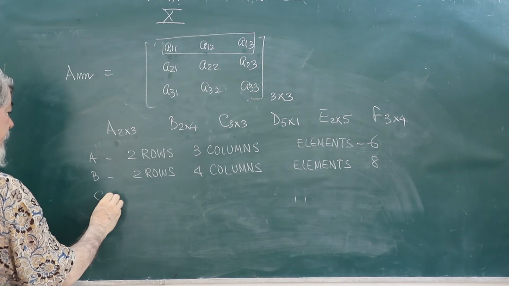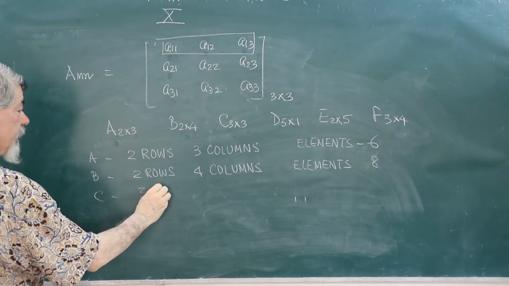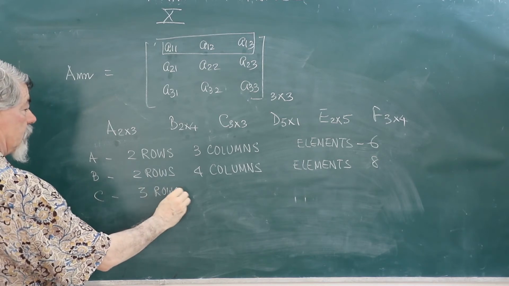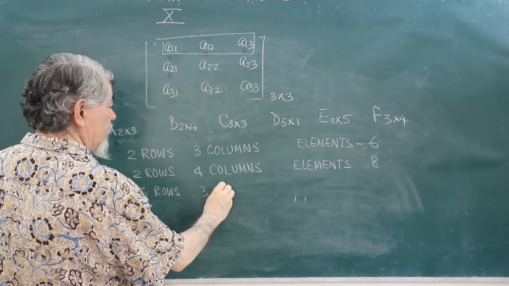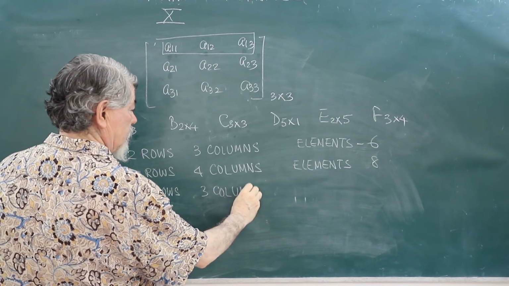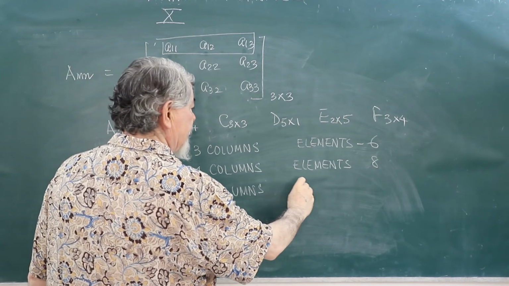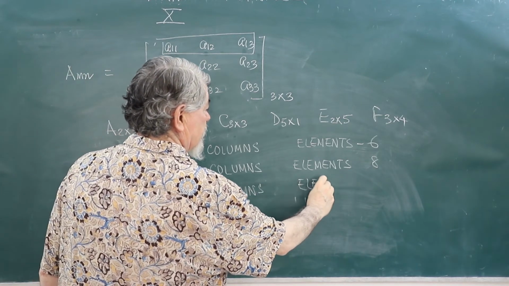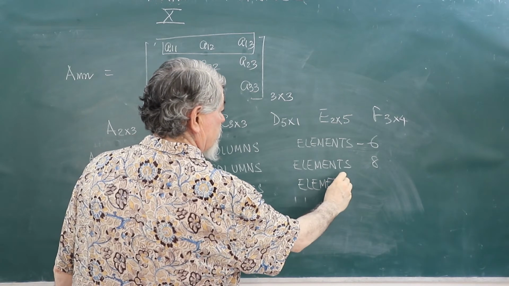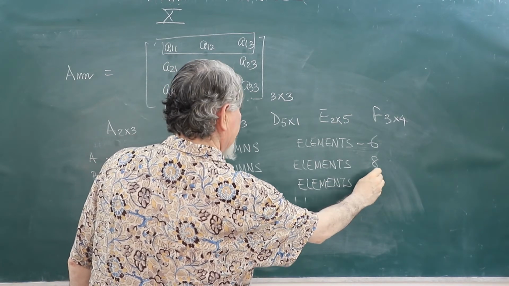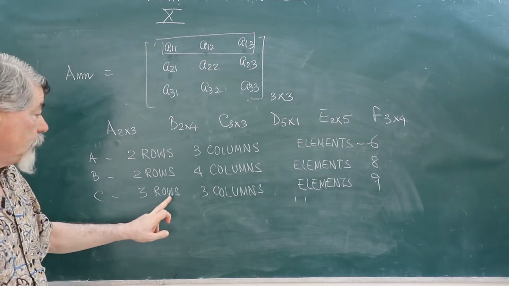For example, C has 3 rows and 3 columns. So how many elements does it have? It has 9 elements, 3 into 3.